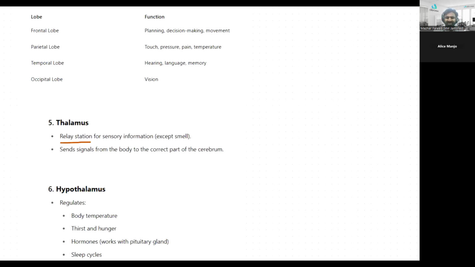Sensory information comes from all parts of the body through sensory neurons and reaches the main portion of the brain, where it is interpreted and a response is created. Then that response goes to the effector, which produces a response through motor neurons. This is the central nervous system, which consists of the brain and spinal cord.